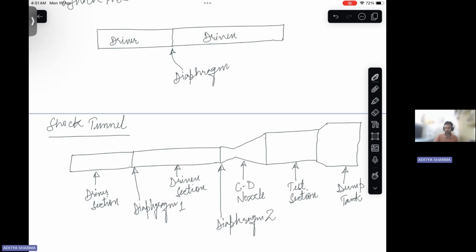In this dump tank, we create a vacuum using a vacuum pump, and such facilities are used to study hypersonic flows.